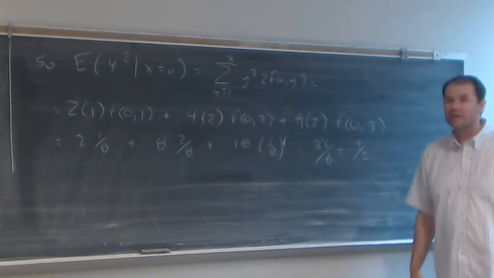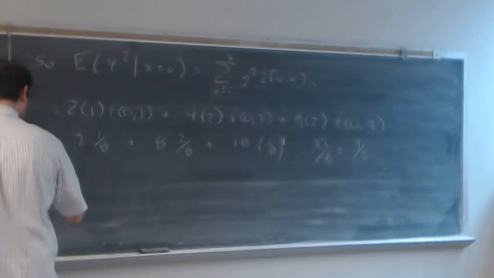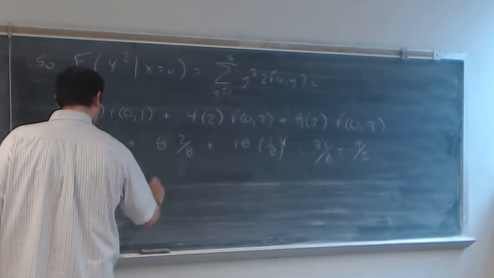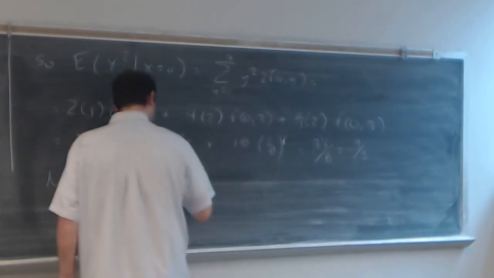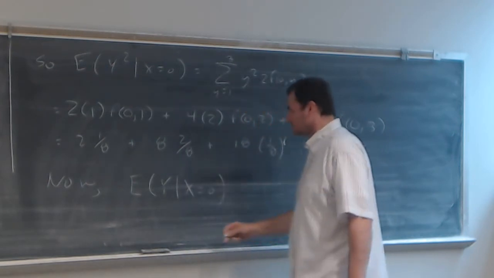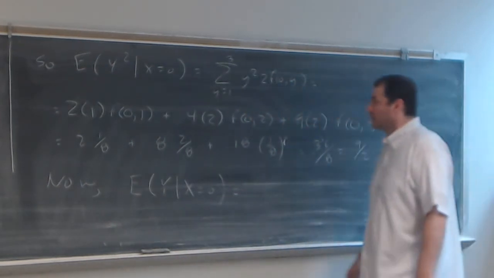Remember, our job is to find the conditional variance. Now, in the second part for the conditional variance, we have the expected value of y given x equals 0. We need to know what it is, because we've got to square it.